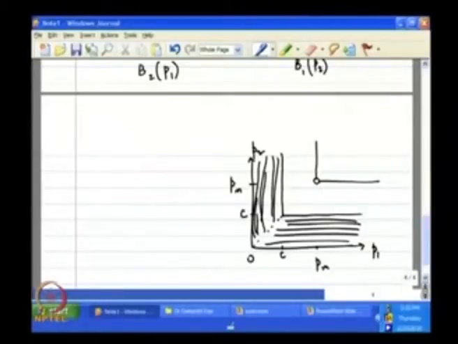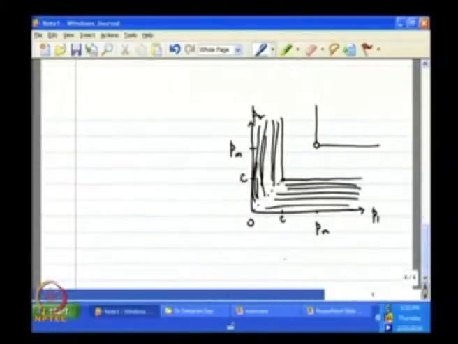So, this is how the superimposition of the two best response functions B1 and B2 will look like, and we see that there is only one point at which these two sets of curves are intersecting, and that point is given by CC. So, CC is the Nash equilibrium.